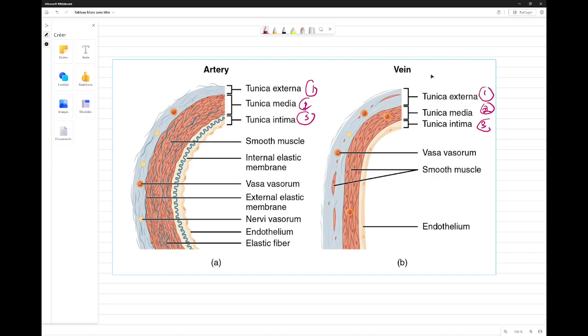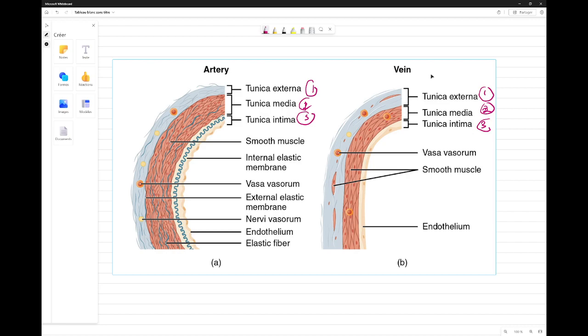That can be explained by the pressure of blood and what it's doing. So structure can always relate to function. Arteries contain blood moving under high pressure, so they're going to need these elastic fibers. They're going to need more muscle mass, so more tunica media, more so than tunica externa.